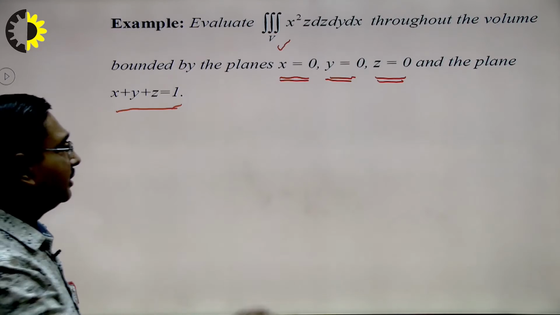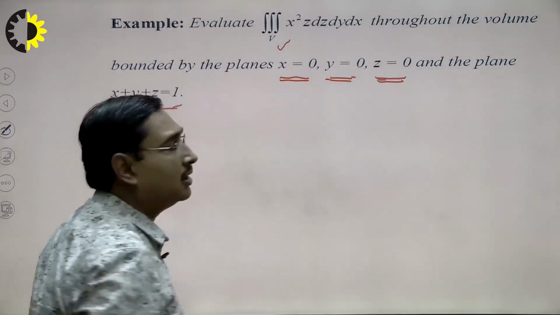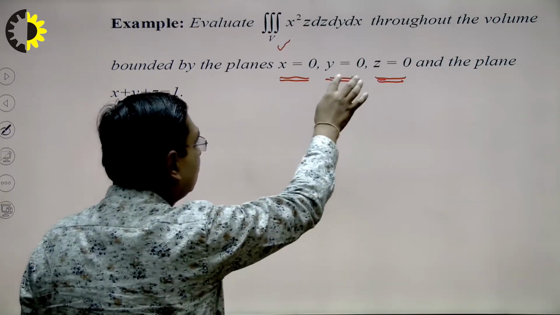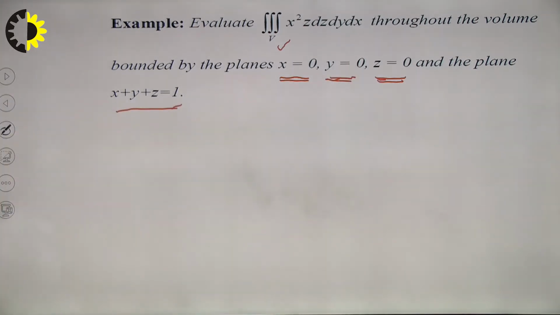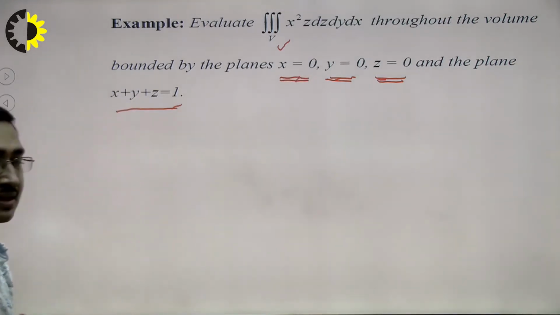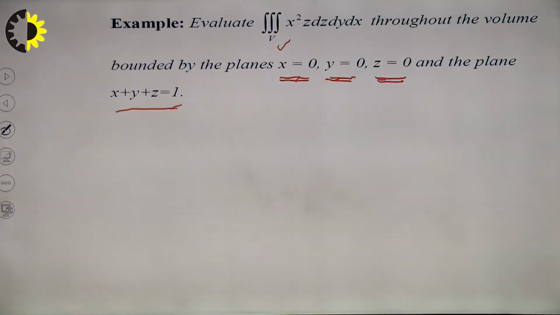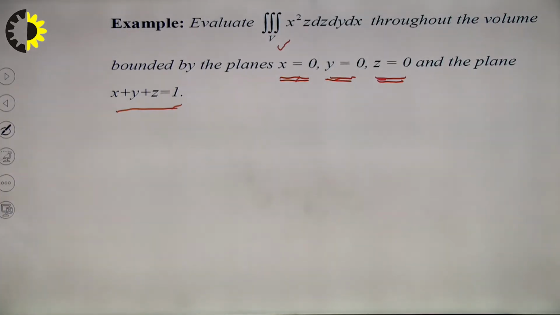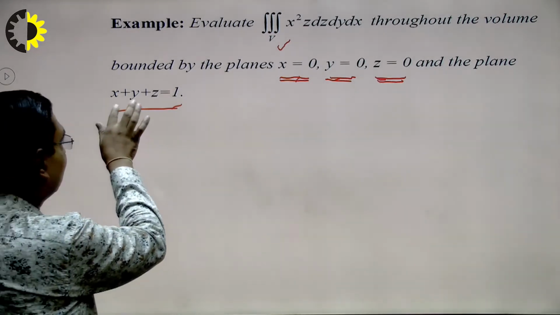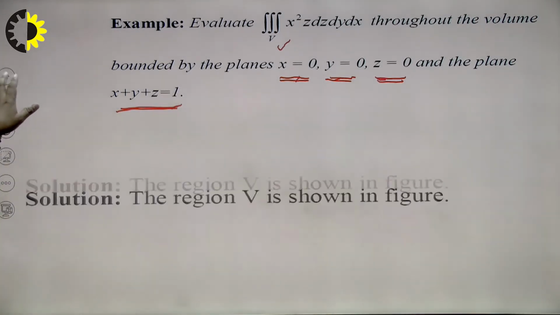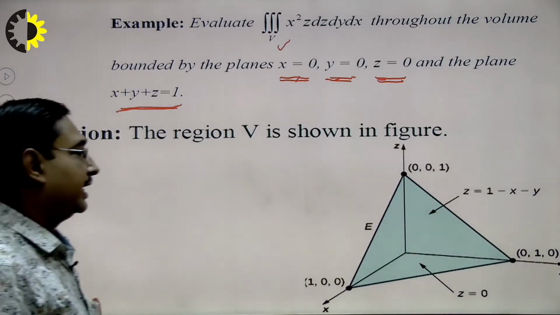We know that z equal to 0 is the equation of the xy plane, y equal to 0 is the equation of the xz plane, and similarly x equal to 0 is the equation of the yz plane. Means we are talking about the volume lying in the positive octant, because the volume is bounded by this plane. So the volume will look like this.